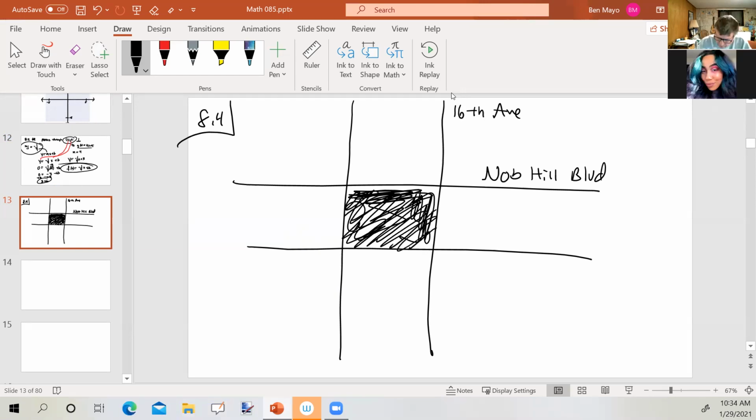Intersection? Right, the intersection. So this would be the intersection of 16th Avenue and Nob Hill Boulevard.